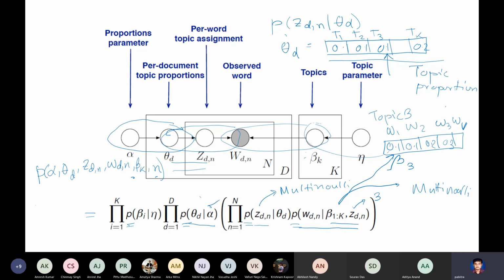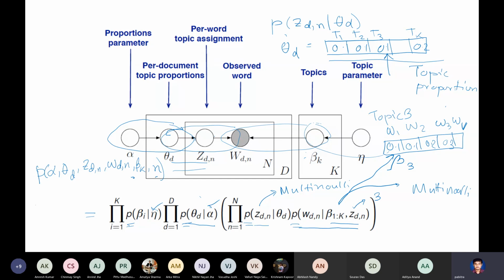So this alpha distribution is a distribution over multinomial distributions. It's a distribution over distributions. Similarly, beta is a multinomial distribution, so this eta distribution is also a distribution over multinomial distributions, in a similar way.